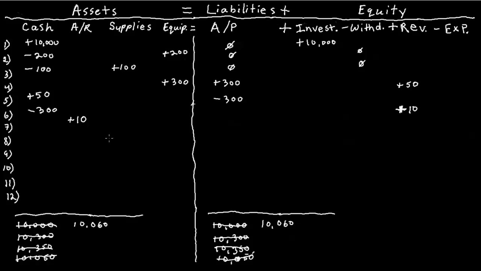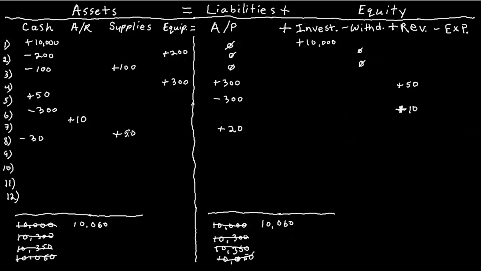So the first thing we know is that supplies went up by $50. And since we paid cash of $30, we know that our cash went down by $30, and the remainder we're going to pay later. And because we're going to pay that later, it's an accounts payable, and that is $20 increase in an account payable.